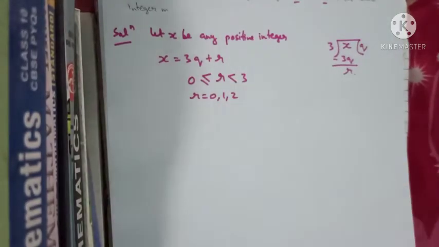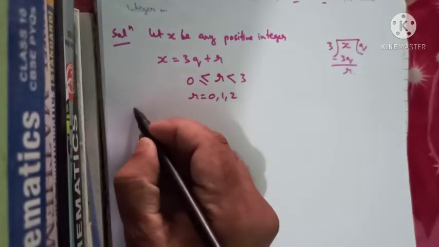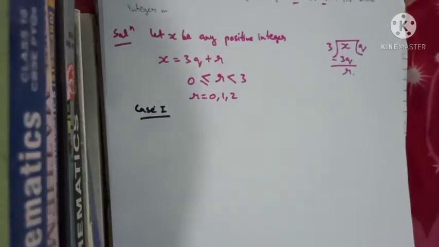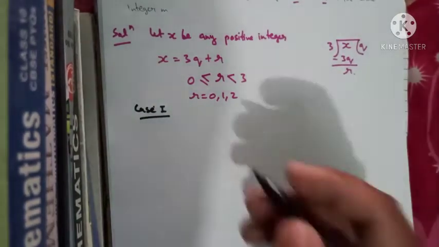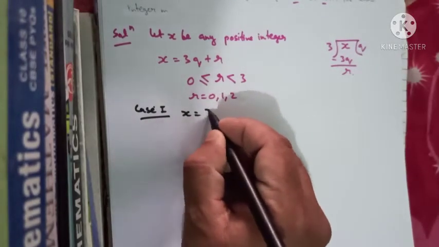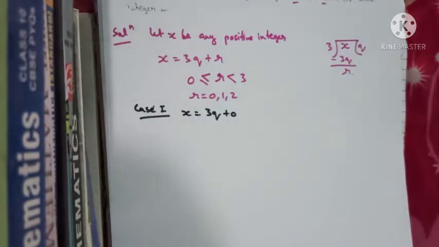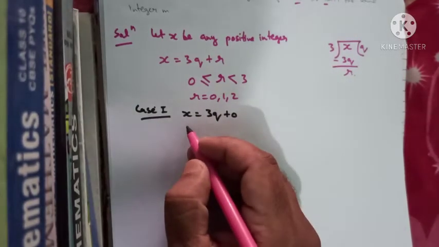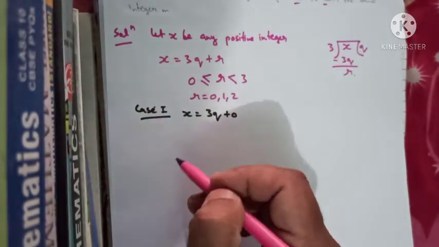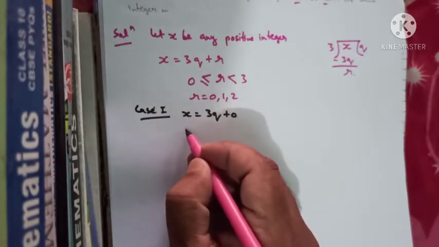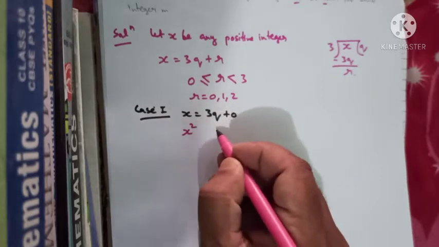In the first case, case 1, when the remainder is 0, we can write x equals 3q plus 0, or x equals 3q simply. Now since we have to show the square of the positive integer, if the integer is x, then the square of the positive integer will be x square.